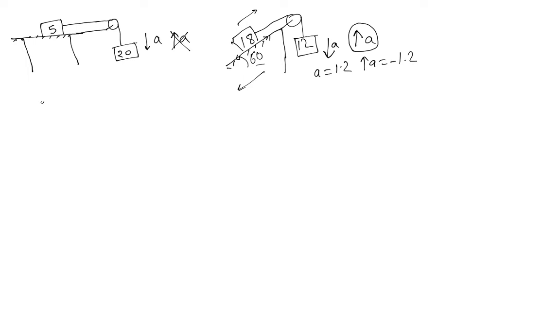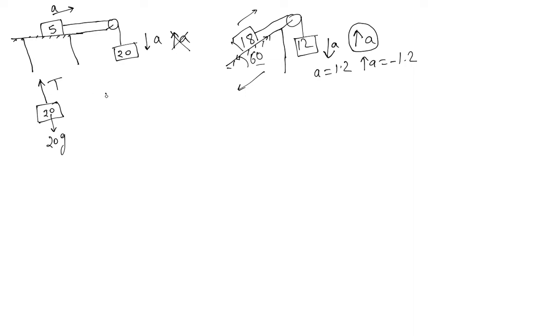Again, whenever you have a mechanics problem, draw free body diagrams. First of all, you already have identified the constraint that if this guy is moving down with acceleration A, this guy should be moving forward with acceleration A. If you make the free body diagram of the 20 kilogram mass, you see there is a force of gravity 20g acting, and there's a tension which is acting.